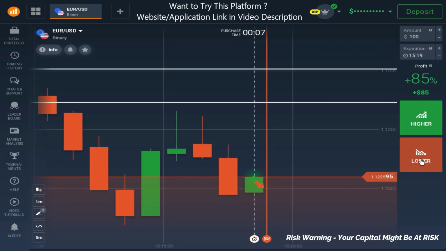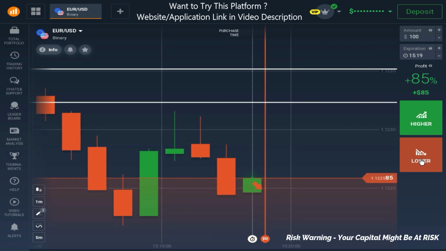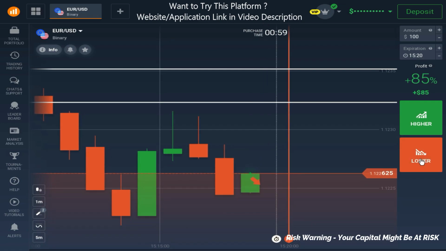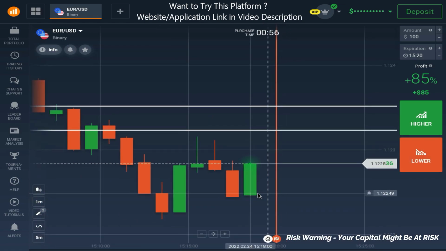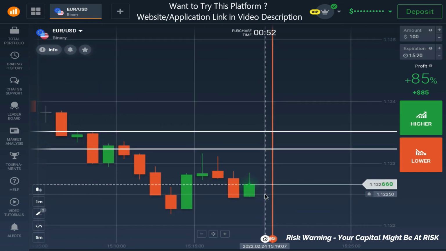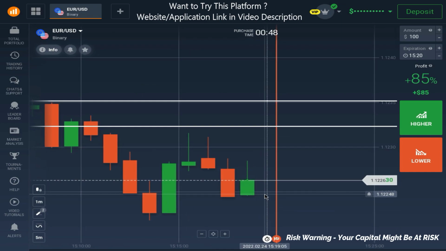Okay, market is going up, good thing. We need rejection. Okay, no, market goes very strongly up, but I'm still waiting for a rejection. A proper rejection is required in such cases.